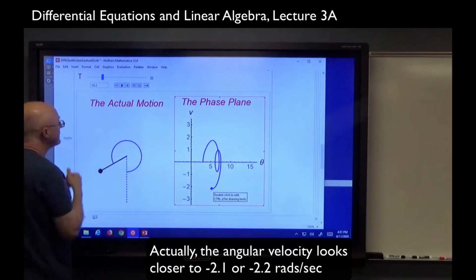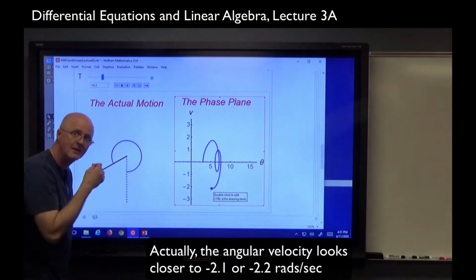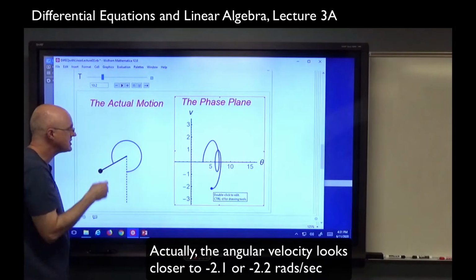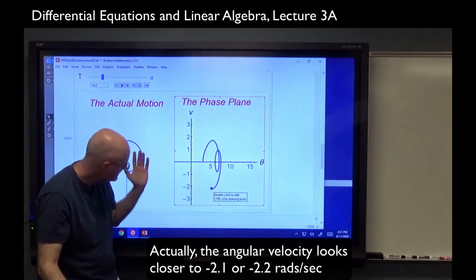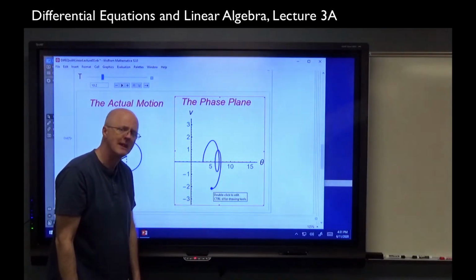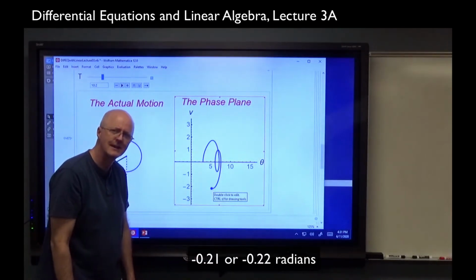If I let time increase a tiny little bit, say from 10.2 to 10.3, a tenth of a second, I should expect the angle will change by approximately -2.3 times 0.1, about -0.23 radians, which is maybe like 10 or 20 degrees, something like that.